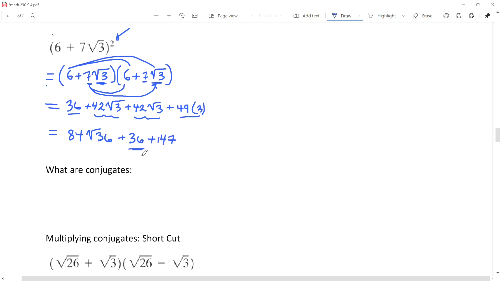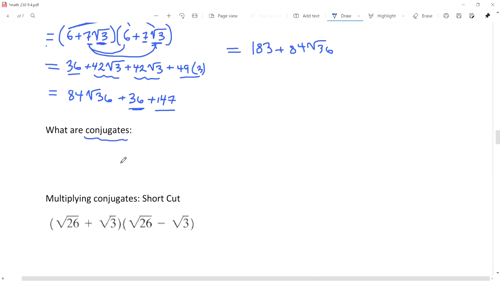And then we could add 36 plus 147. This gives me 183 plus 84 root 3. Now, it doesn't matter if you have the 183 on the right side or on the left. It's still the same solution.